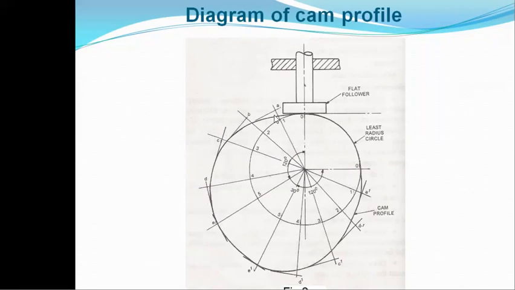Draw tangents to these perpendicular lines, which will give you the cam profile for a flat faced follower. This is a simple method to draw the cam profile for a flat faced follower.